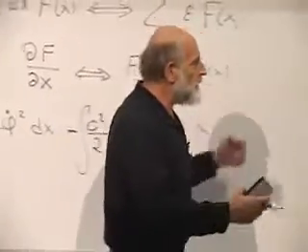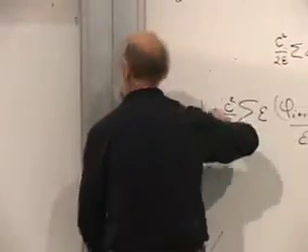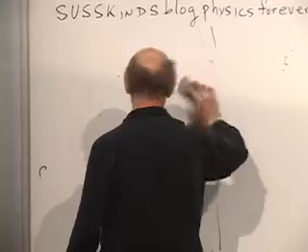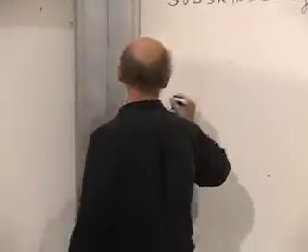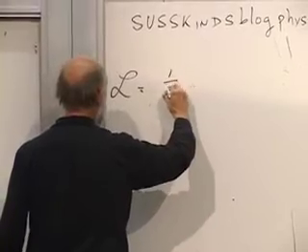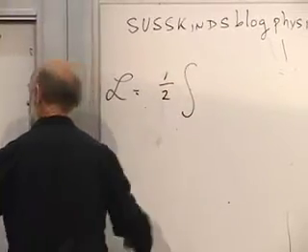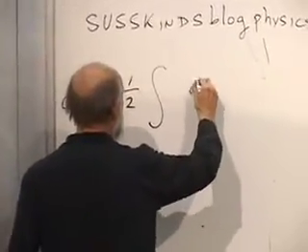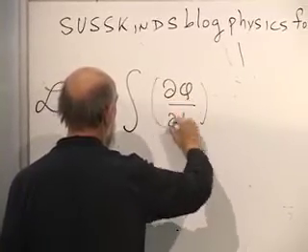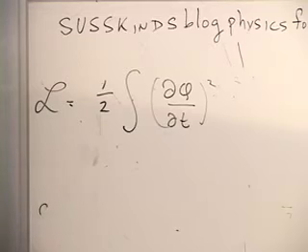Okay. So now I can write down the action. I've written it, or I can write down the Lagrangian. The Lagrangian L is 1/2 the integral of d phi by dt squared. That's the first term.